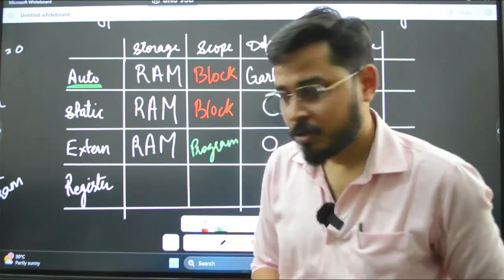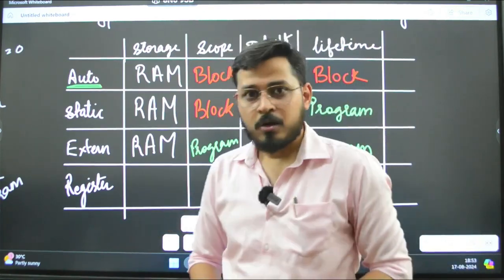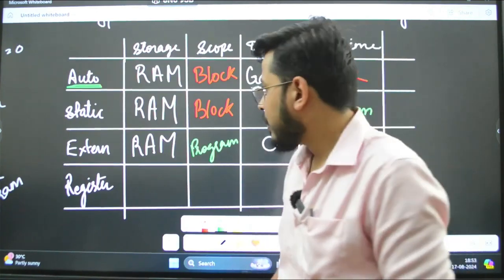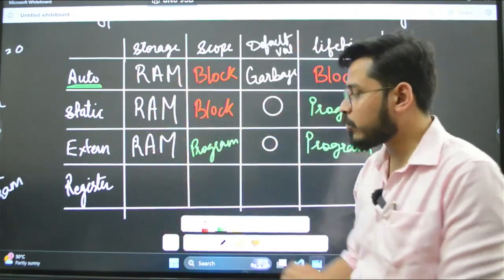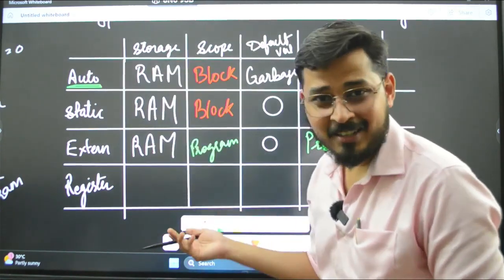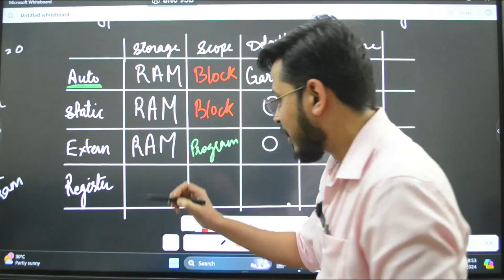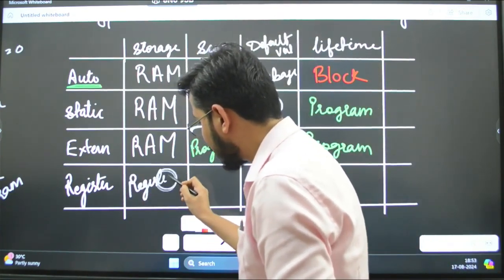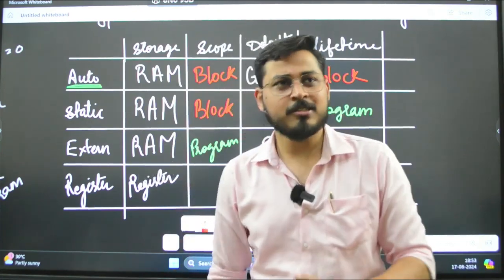Okay. So what properties does register have? Let's talk about that. In this case its storage is RAM again? Nope, no RAM. It gets created in the register this time. Register.